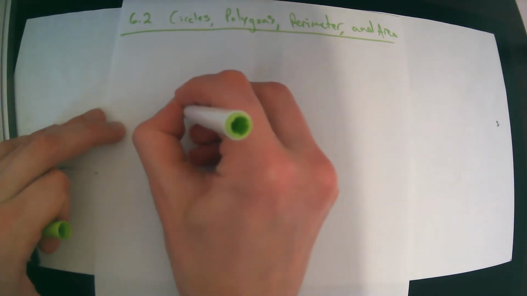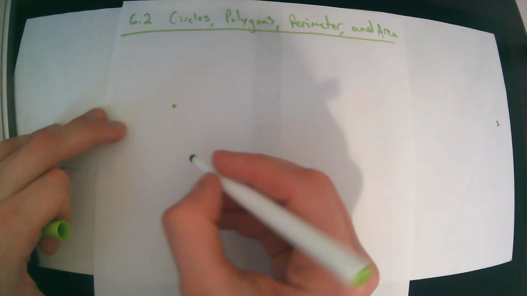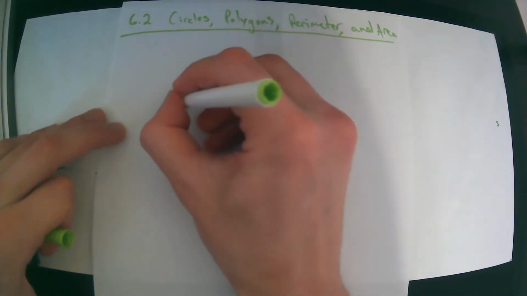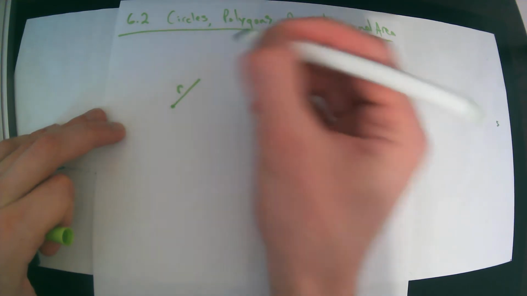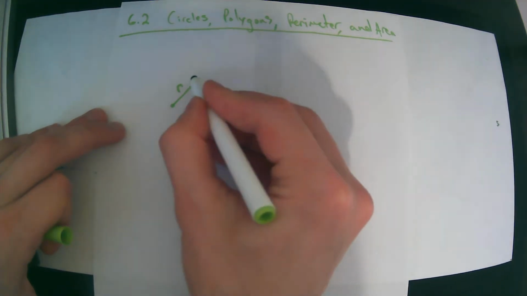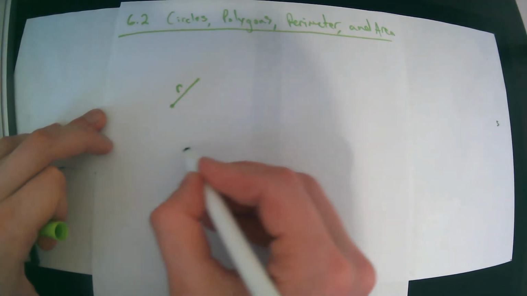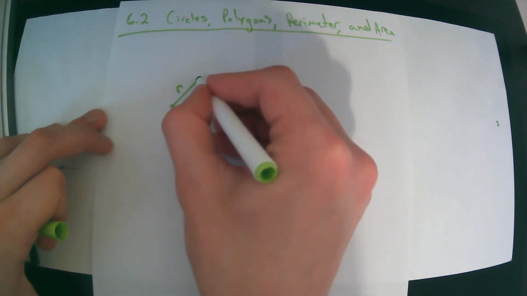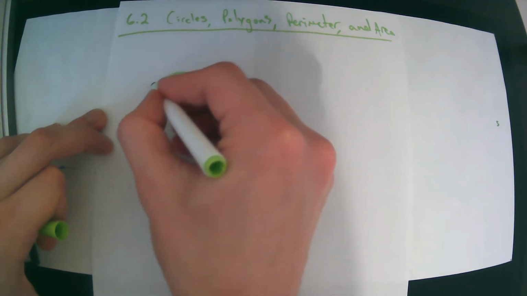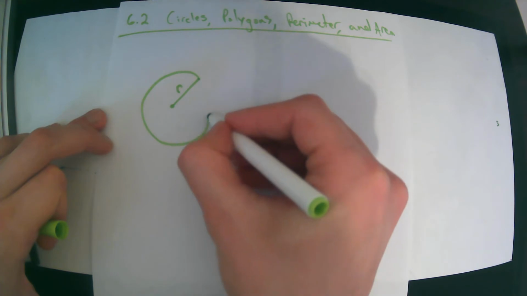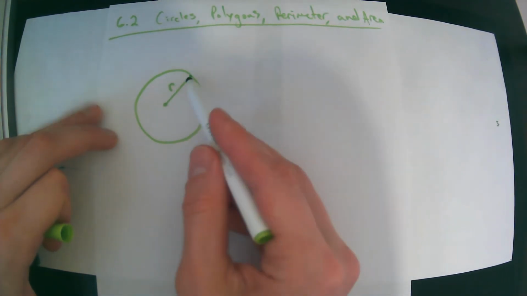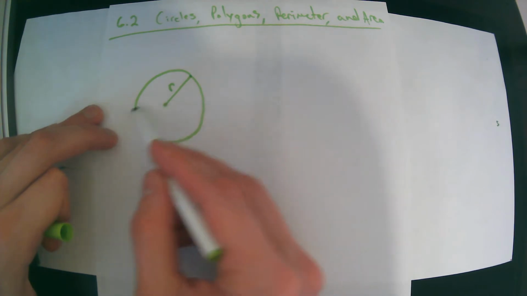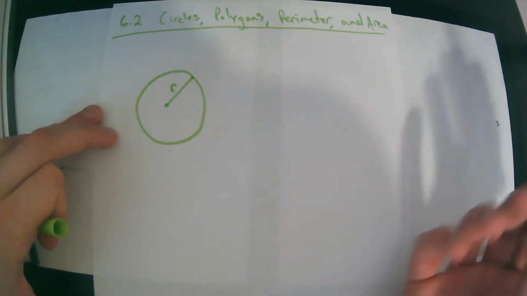So if you get some point, some center of the circle, pick some distance, which of course we call the radius, so we denote lowercase r, the radius of the circle. All the points that are equidistant from that center, I'm going to do my best here. But got pretty lopsided. All the points equidistant from this center point in every direction, that's called a circle.